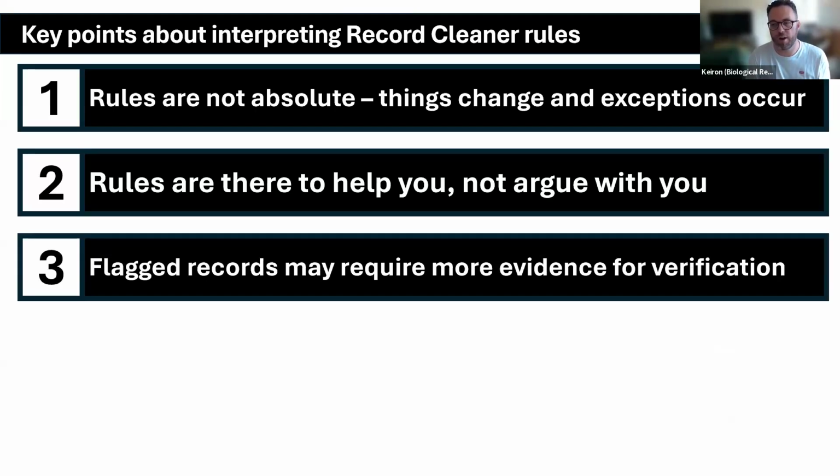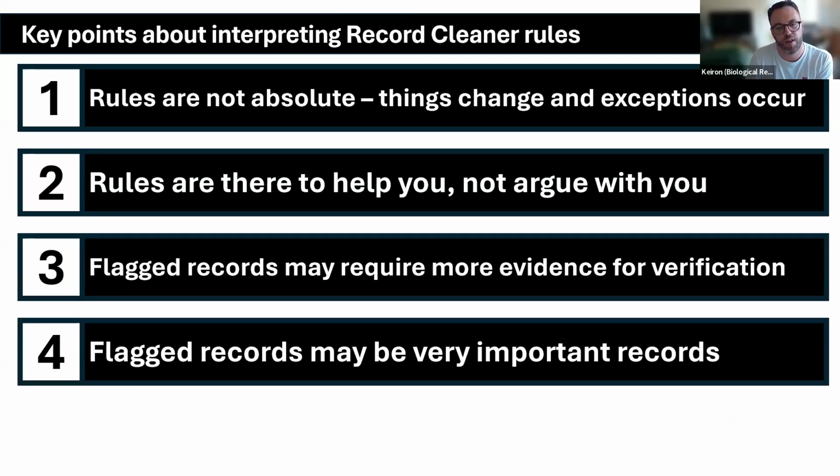Flagged records may require more evidence for verification. So there is a tool. If you're getting an ID difficulty flag when you're running through Record Cleaner, it might just mean that you want to submit some extra photos of certain features to help the verifier check it. Flagged records may actually be very important records.